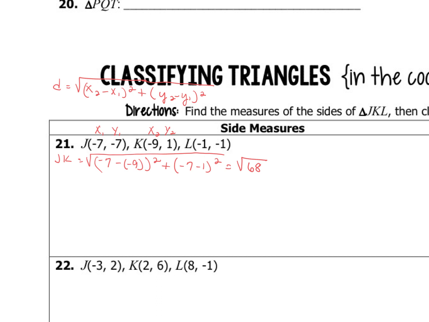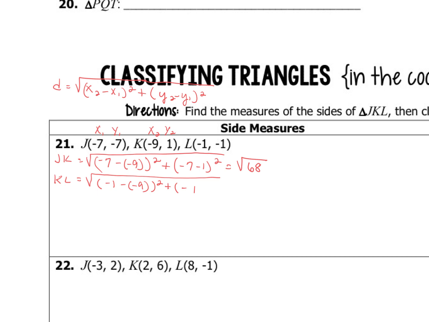K and L, and that is the square root of x2, which is -1 minus -9 quantity squared plus y2.